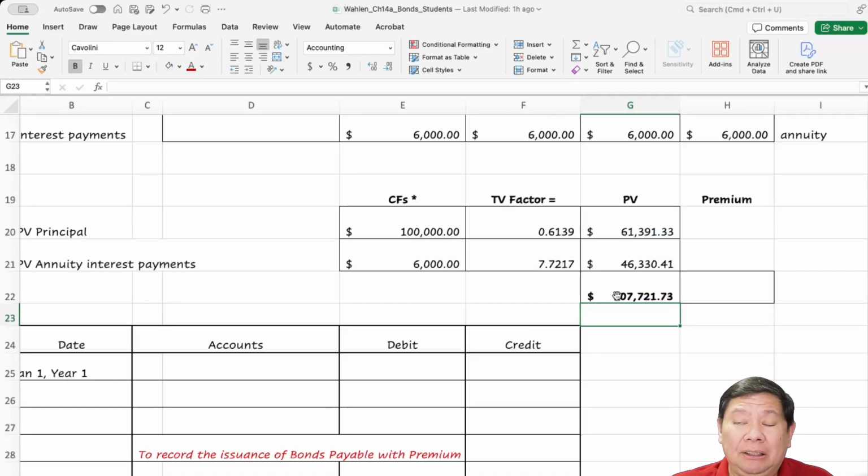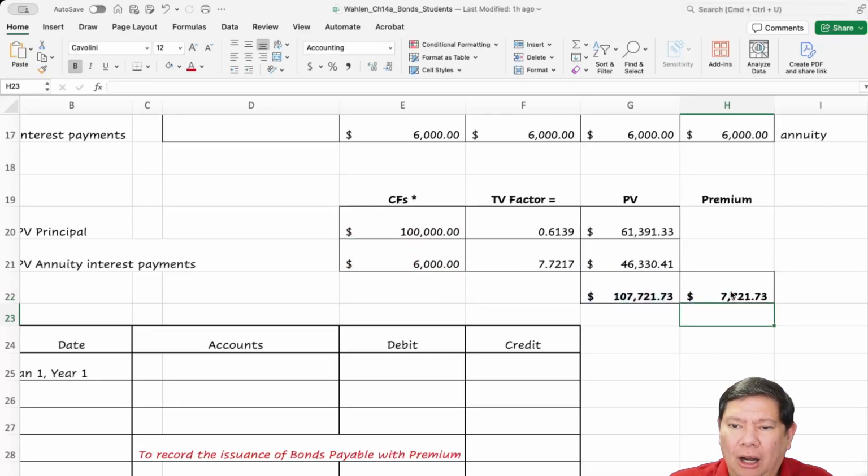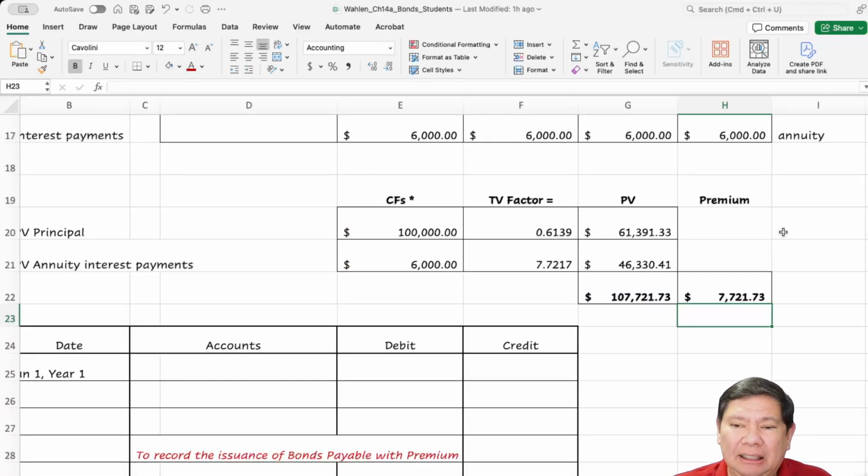The price of the bonds is 107,721.73. So we can calculate the premium of 7,721.73. So you see, when the coupon rate is higher than the market rate, the bonds attract so many investors and they can be sold at a premium.